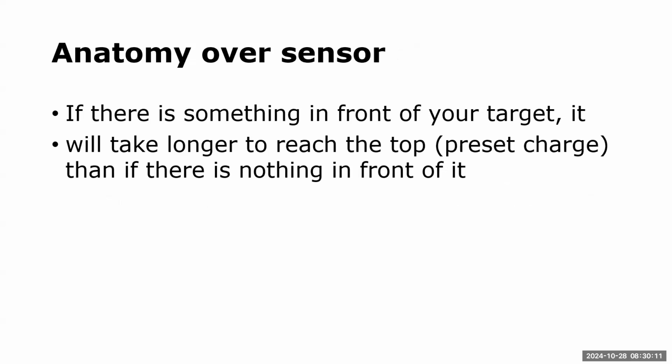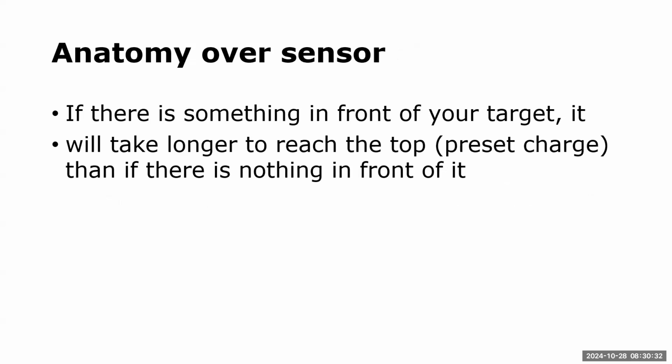Okay, so now we've talked about how changing mA affects AEC, and how kVp affects AEC. Now let's talk about the anatomy being over the sensor. If there's something in front of your target, it will take longer to reach the preset charge than if there's nothing in front of it.